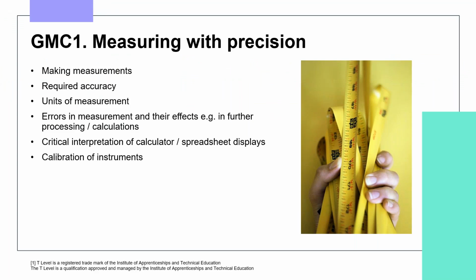So here is an outline of what's meant by these competencies. And you may also find that you end up addressing multiple competencies with certain tasks. So they're not necessarily addressed in isolation.